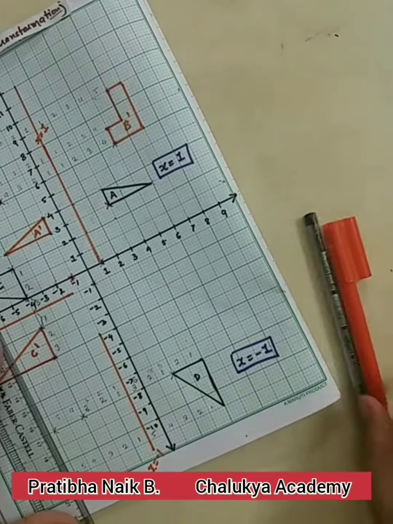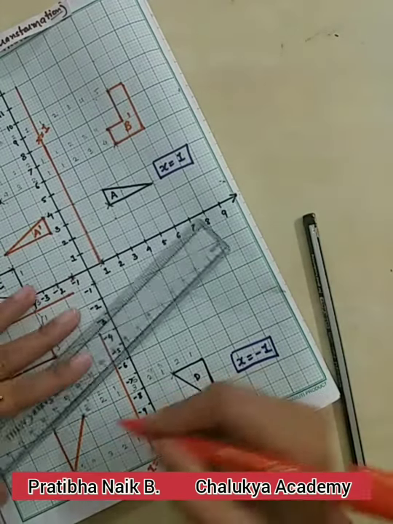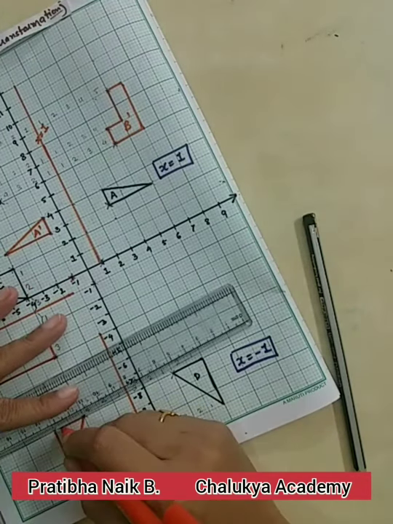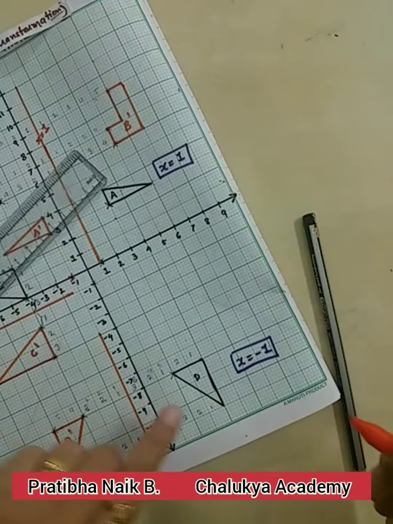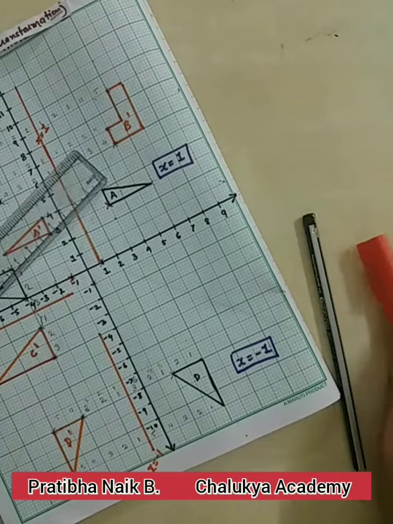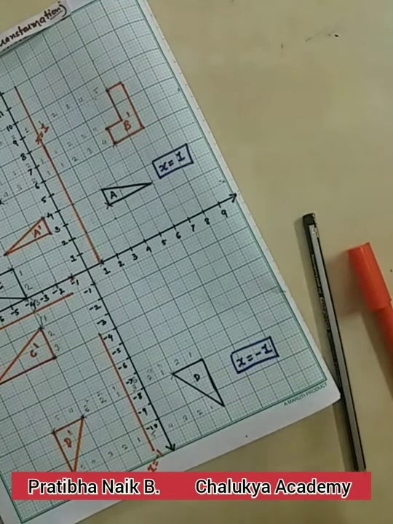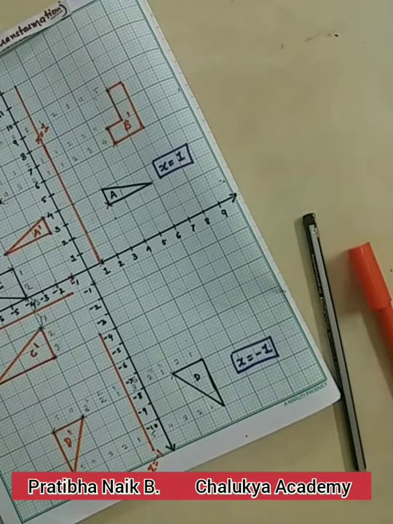Okay, so this way we can draw the image of the triangle D. So this D dash is the image of the triangle D through the mirror line x is equal to minus 1. So this is the way we can do the reflection of the given object through a given mirror line.